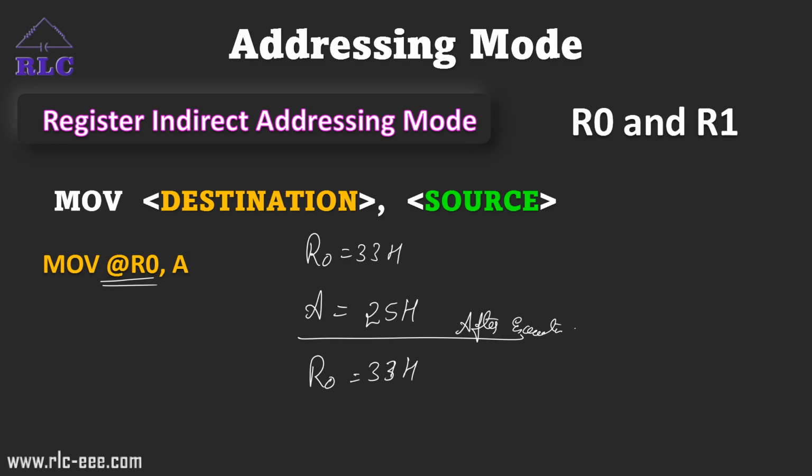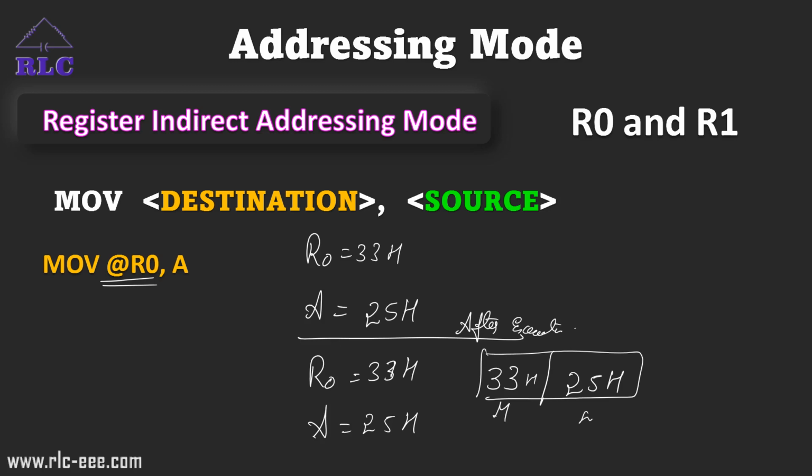The R0 value remains the same, 33H. The A value also remains the same, 25H. Then the memory location 33H will have the data 25H. Similarly we can have MOV @R1, A, that is, the destination can also be a pointer.